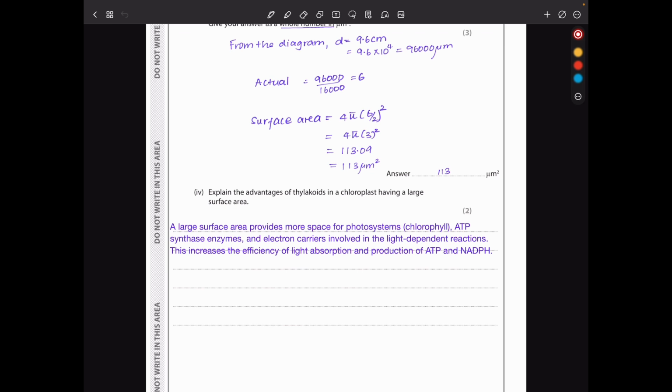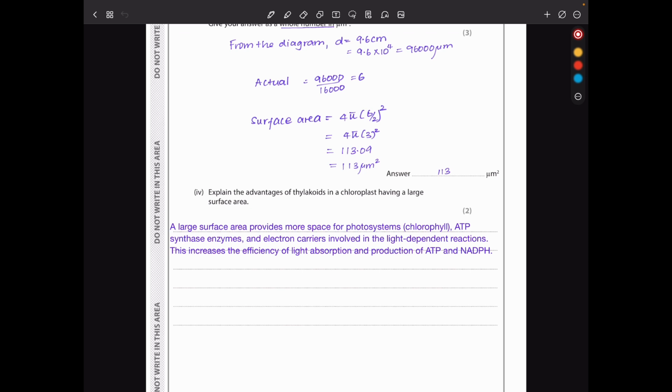If there is a large surface area, then there is more chlorophyll, more photosystems, and so more reduced NADP and more ATP is going to be formed. So I say the large surface area provides more space for photosystems, chlorophyll, ATP synthase enzymes, and the electron carriers involved in light-dependent reactions.